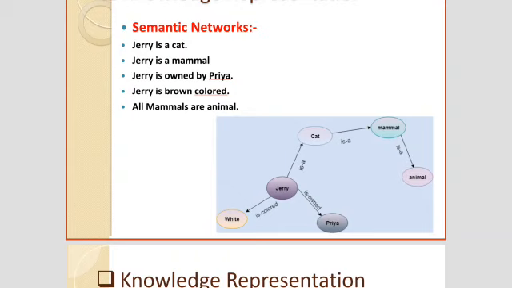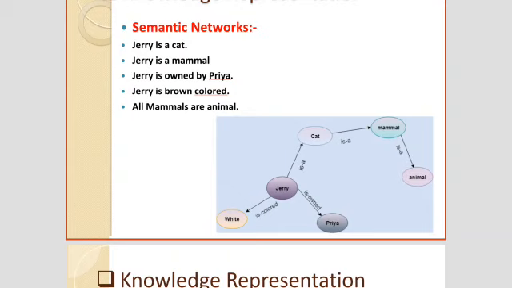First of all, we write the object Jerry. Then Jerry's color: the color of Jerry is brown. We write it over here. Jerry is owned by, who is the owner of Jerry? That is Priya. Now next, Jerry is a cat. So this is a kind of relationship.